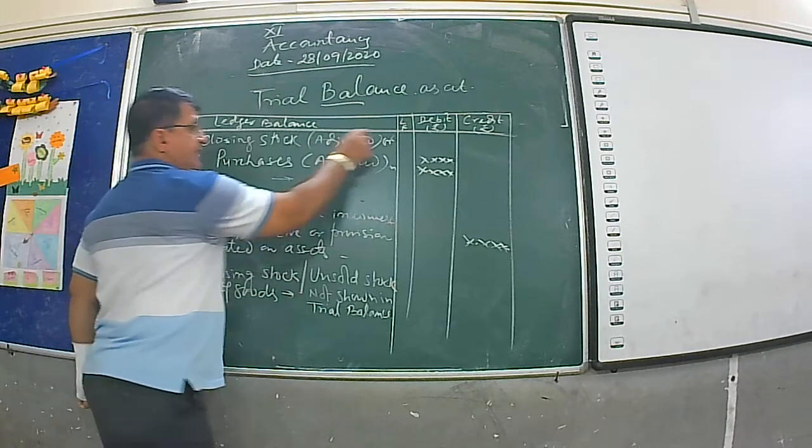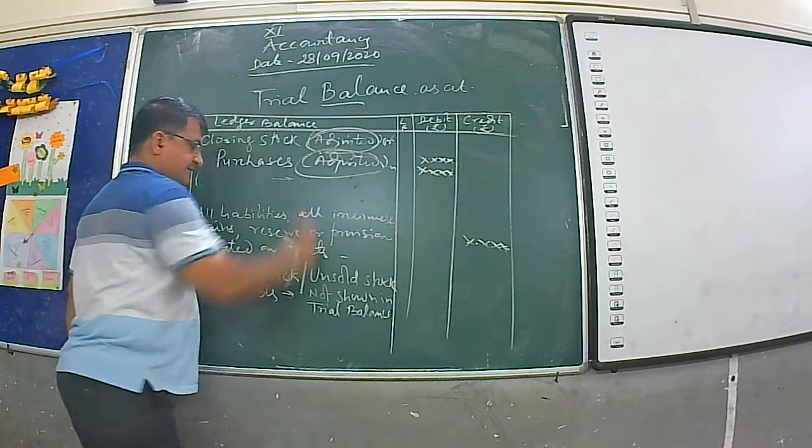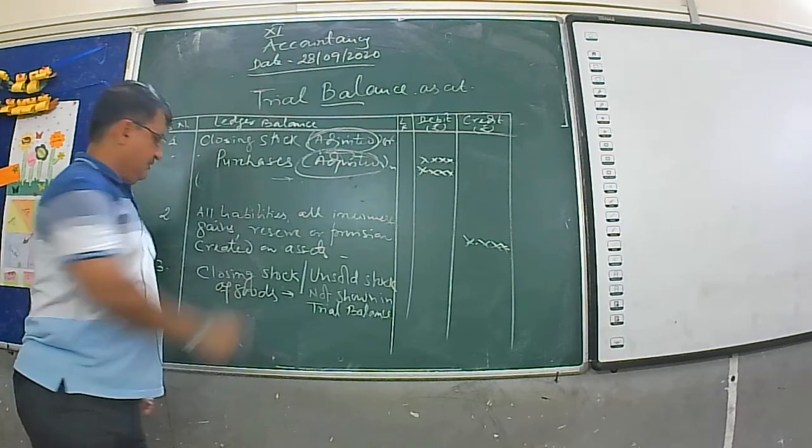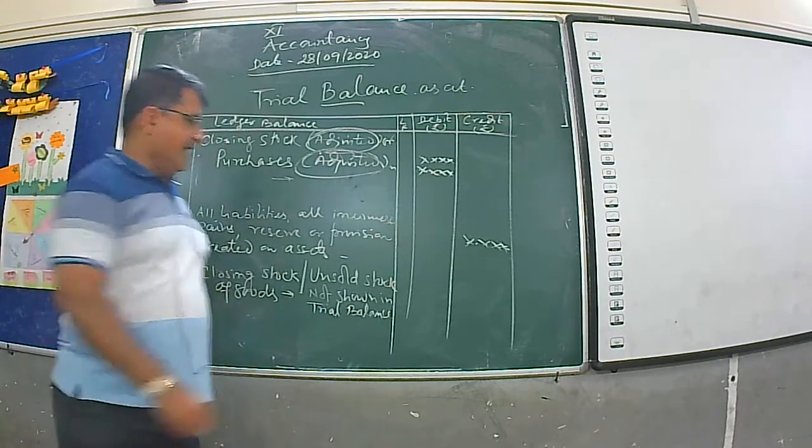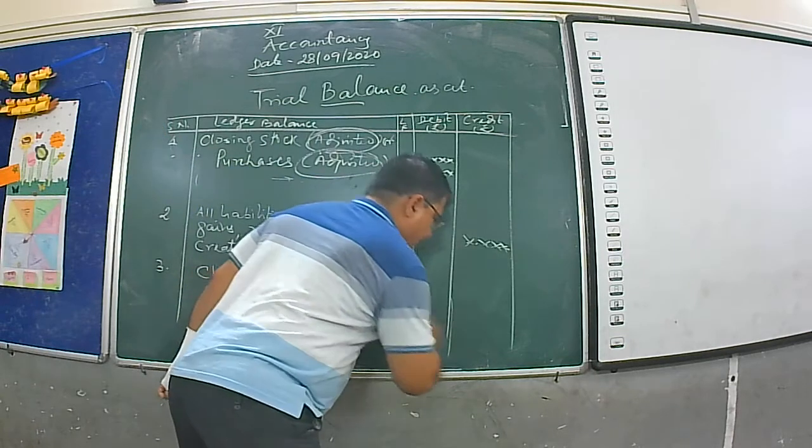However, if this word adjusted is not given, then you do not need to show the balance of unsold stock in the trial balance. And at last, both will tally.